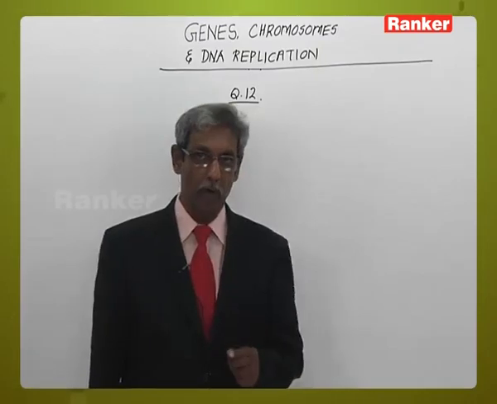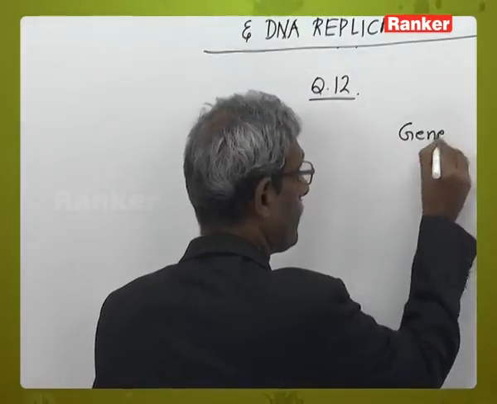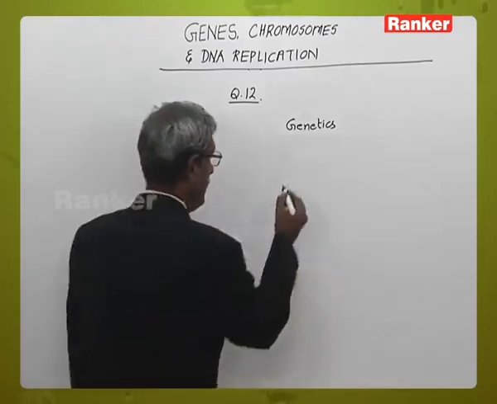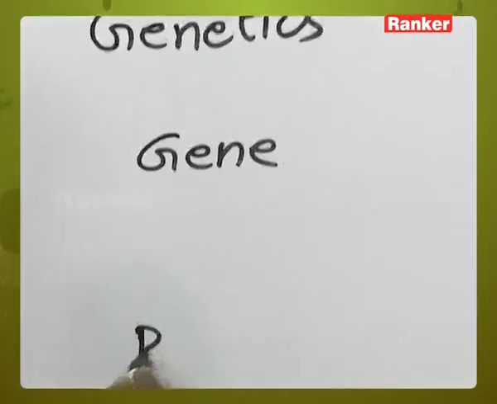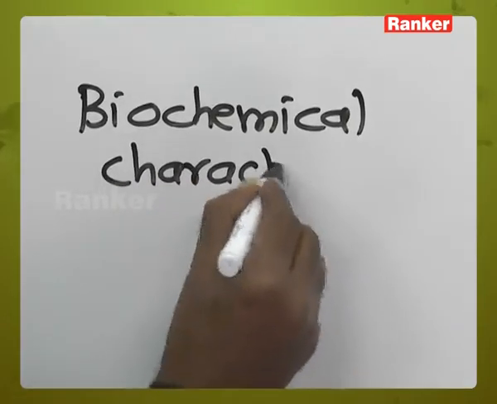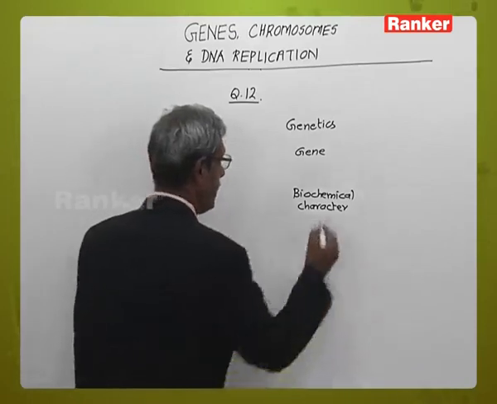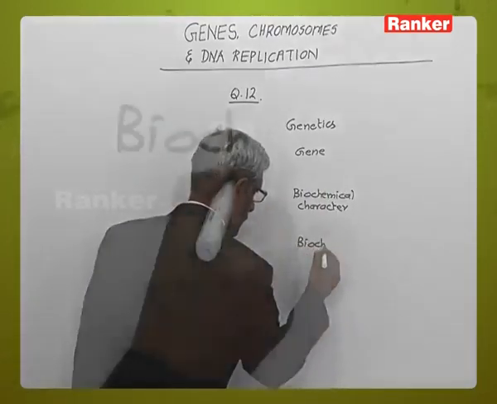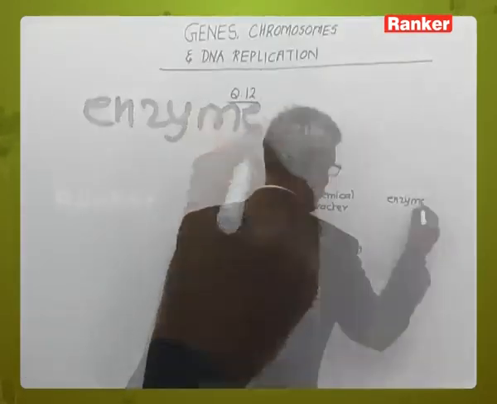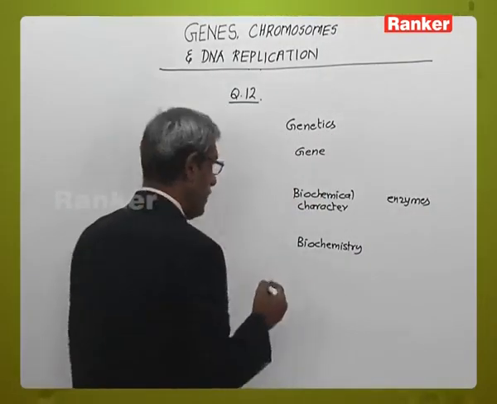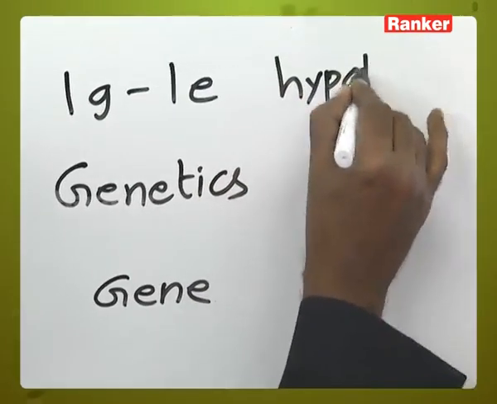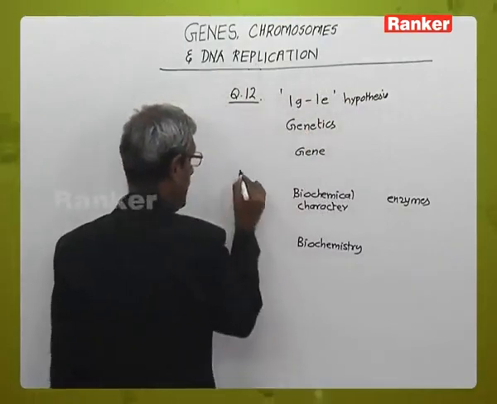In the studies of genetics, the first persons who could postulate that a gene is responsible for a biochemical character, or that the link between genes and biochemistry is through enzymes, were the two important Nobel laureates Beadle and Tatum.